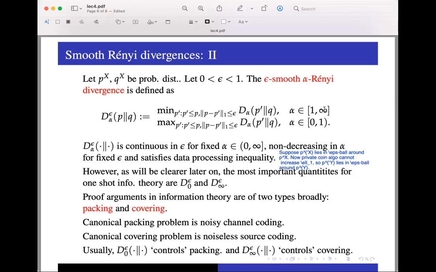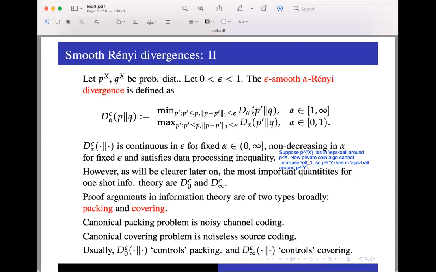So it makes sense with hindsight that for alpha in this range, in order to do smoothing, I have to do maximization over the epsilon ball. And for alpha in the other range, in order to do smoothing, I have to do minimization over the epsilon ball. So for example, if you think of D1, D1 of P with respect to Q is something, but I want to perturb P to P prime so as to make it less distinguishable.